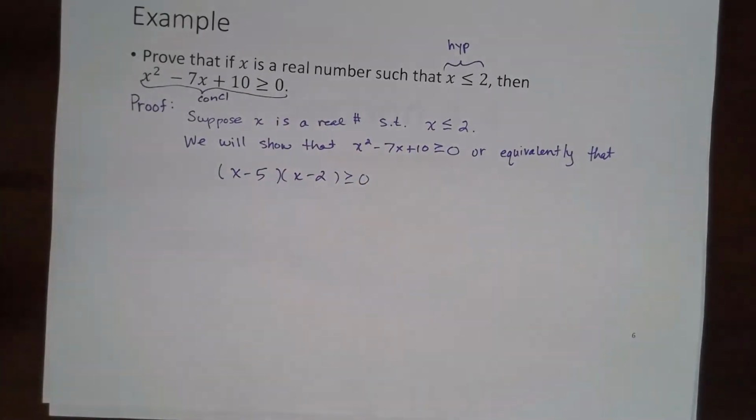That's just another way of saying the same thing. But thinking of it as x minus 5 times x minus 2 is greater than or equal to 0 is going to help us with this proof.